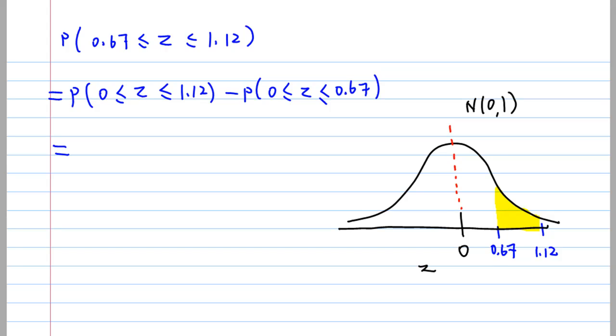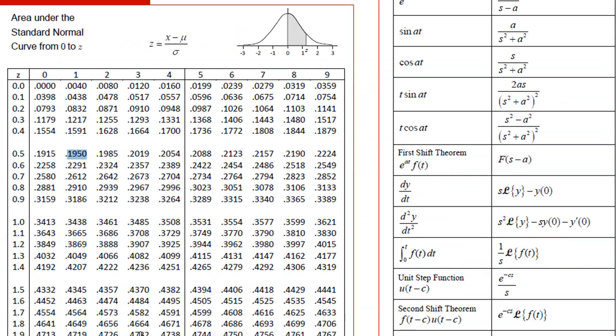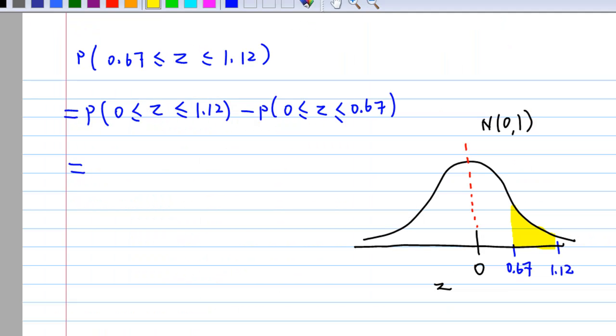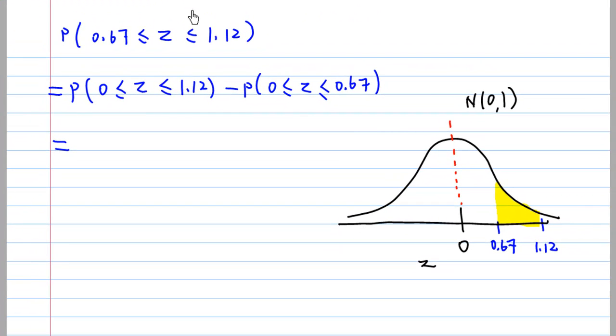Now let's look at a table. The area from 0 to 1.12, we can find, is equal to 0.3686. So I can write down 0.3686 is the area from 0 to 1.12.